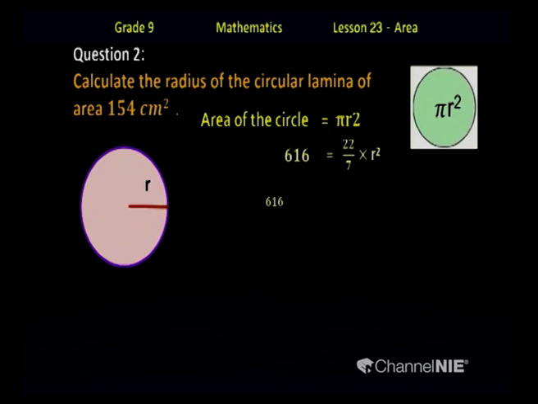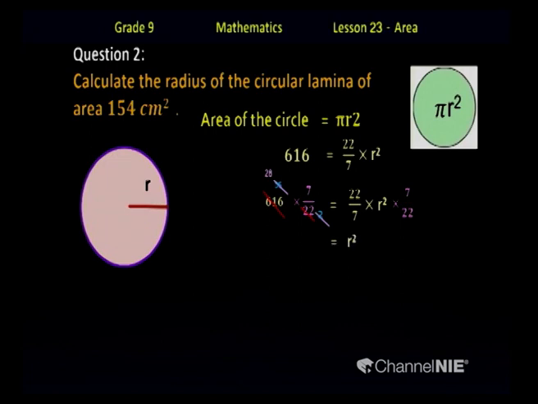How can you simplify? Both sides are multiplied by 7 upon 22. Then simplify 22 and 616. You can cut by 11. 616 divided by 11 is 56. 22 by 11 is 2. Again cut by 2. 56 divided by 2 is 28.